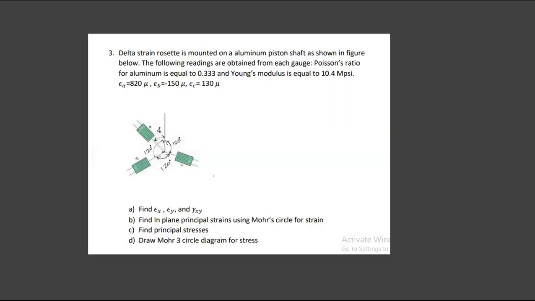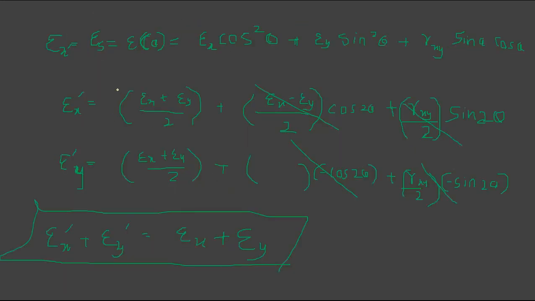So if three rosettes are given in this way, it can measure the epsilon naught in that direction. So how do we get this epsilon naught? Based on this theta. You remember the first equation we derived? This one, right?